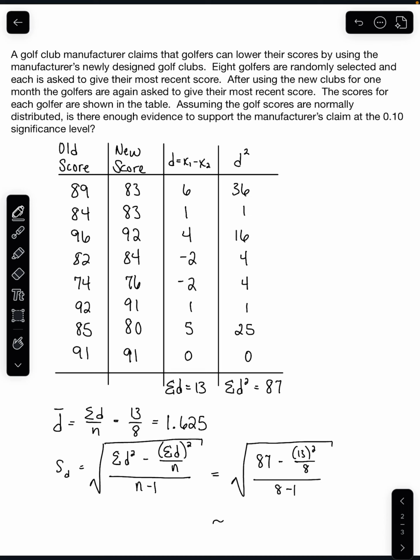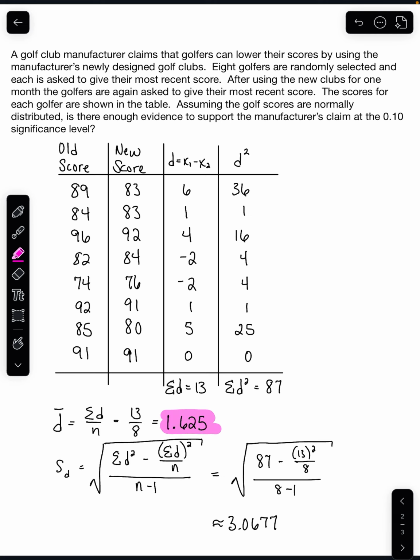Throwing all of this into our calculator will give us a value of 3.0677 if we round it. Again, always best not to round if we can avoid it, or at least to use as many decimal places as we can get away with.